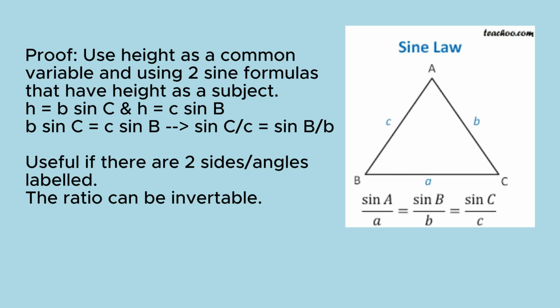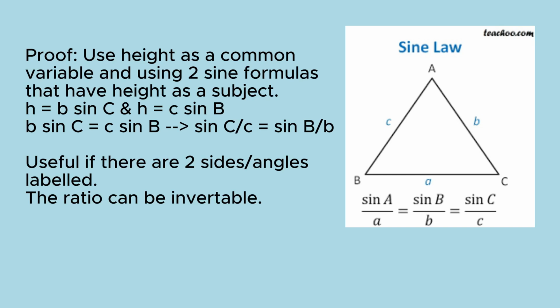This is useful if two sides or two angles are labeled, for example two angles and one side, and it requires you to find a third angle. The sine law will work.